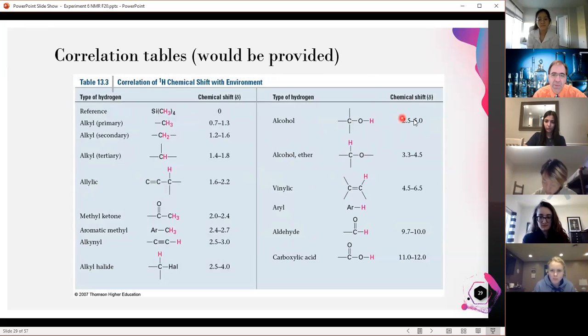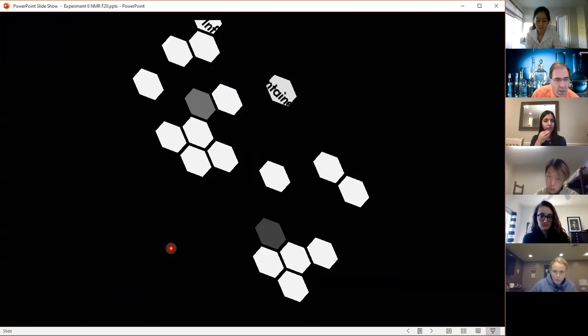Alcohols are a little bit of a problem child. We'll talk about those in a minute. Notice a huge range, somewhere between 2.5 to 5. But actually they can appear as low as 1 and as high as 12. So alcohols are a little odd, but it gives you some details. So again, what you're attached to affects where you appear left to right in the spectrum. That's the chemical shift.